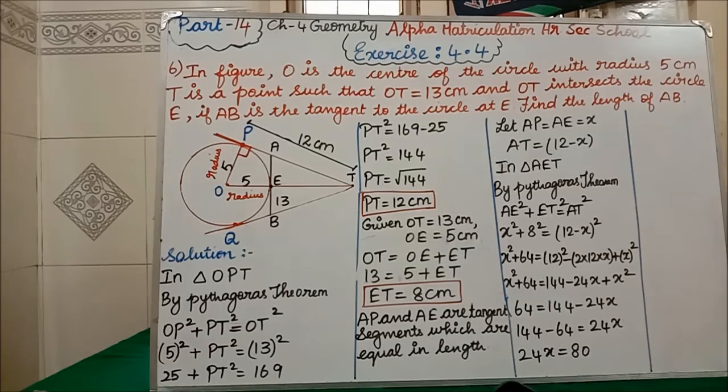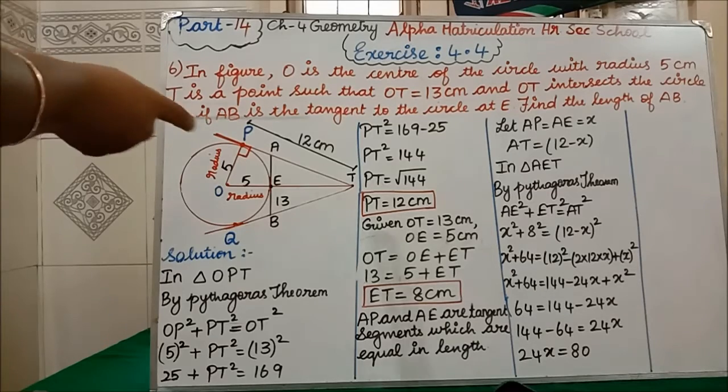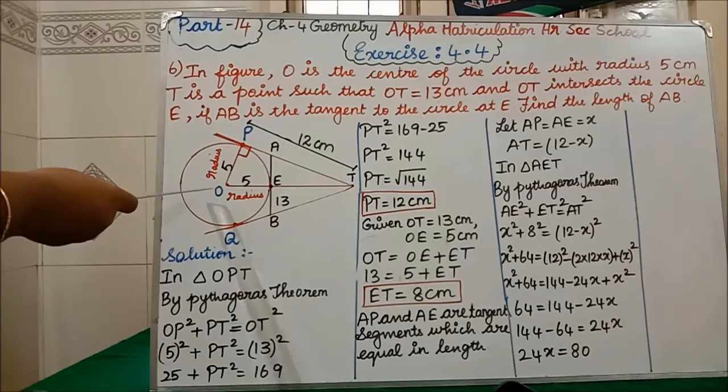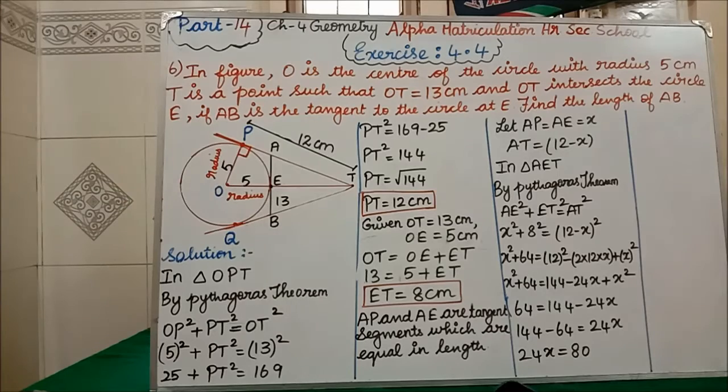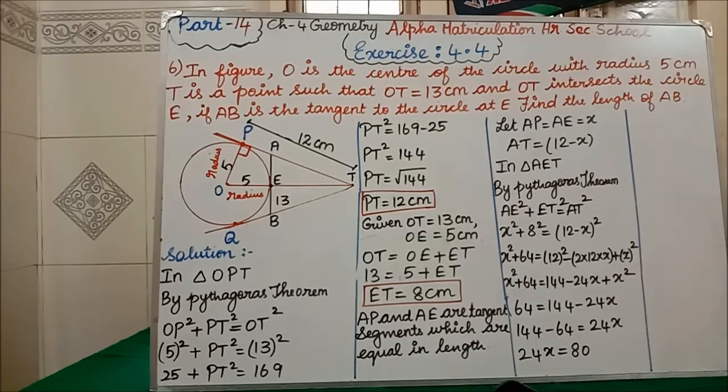See the 6th question. In figure, O is the center of a circle. In the 6th question, they have given the diagram in the question itself. So first we'll see the diagram. O is the center of the circle with radius 5 centimeter.